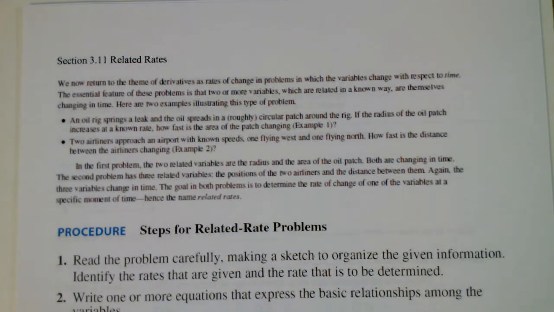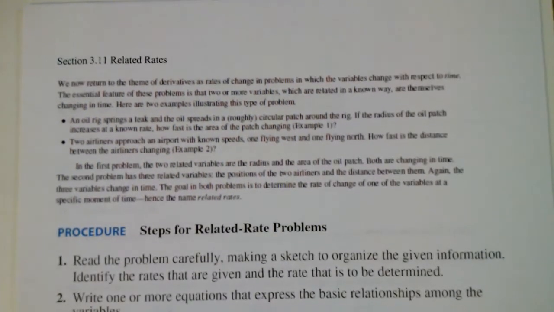I have a couple of examples here. An oil rig springs a leak and the oil spreads in a roughly circular patch along the rig. If the radius of the oil patch increases at a known rate, how fast is the area of the patch changing? That is a related rate problem.